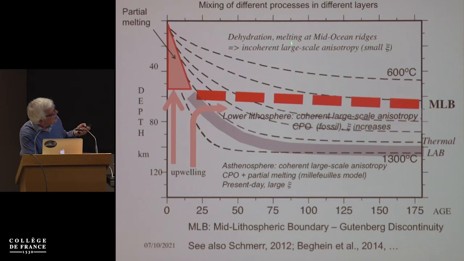We have the upper plate with incoherent large-scale anisotropy, and below the lower lithosphere, where we have more coherent large-scale anisotropy, and even below we have the asthenosphere, where we have again a large-scale coherent anisotropy.